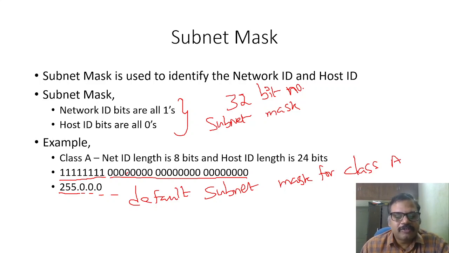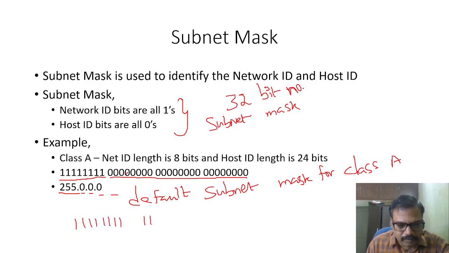Similarly for class B, just look at the net ID length. For class B, the net ID length is 16 bits and the host ID length is 16 bits. So to find the subnet mask for class B, you write the first 16 bits as 1, 1, 1, 1, 1, 1, and the remaining 16 bits should be 0.